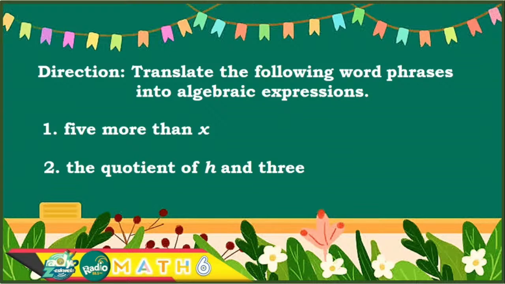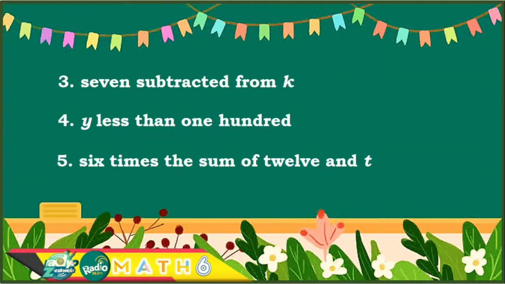Number 2, the quotient of h and 3. Number 3, 7 subtracted from k.